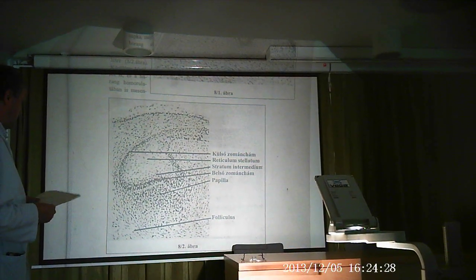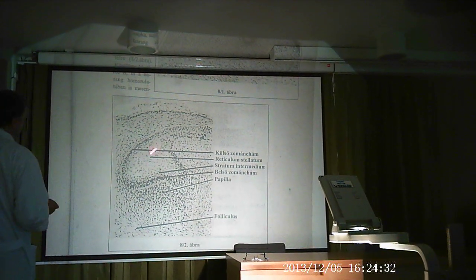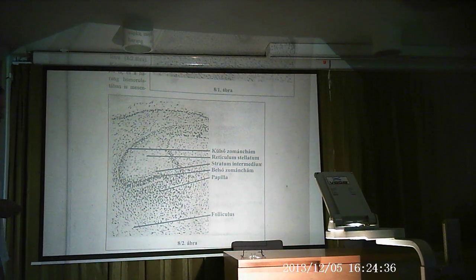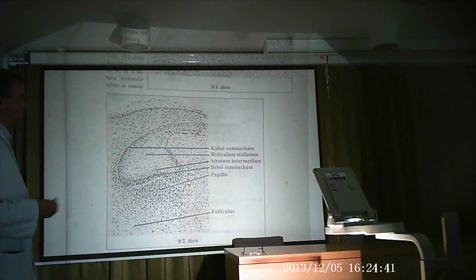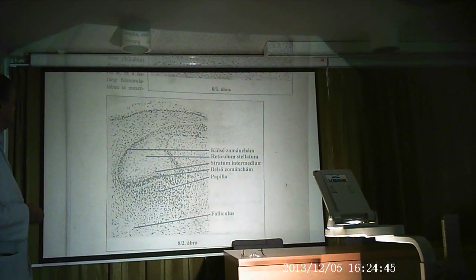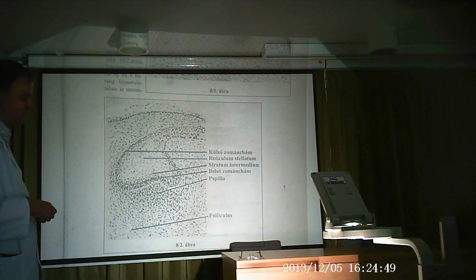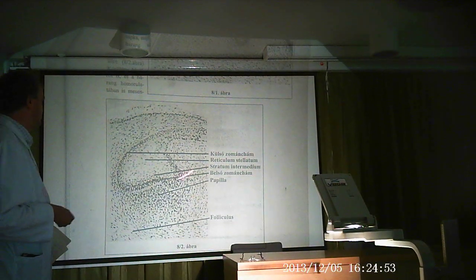Which is new for you, that star-shaped cells, stellate reticulum cells, produce glycosaminoglycan, GAG, and bind a lot of water intercellularly. These are star-shaped cells and produce a lot of GAG material, and this binds a lot of water.